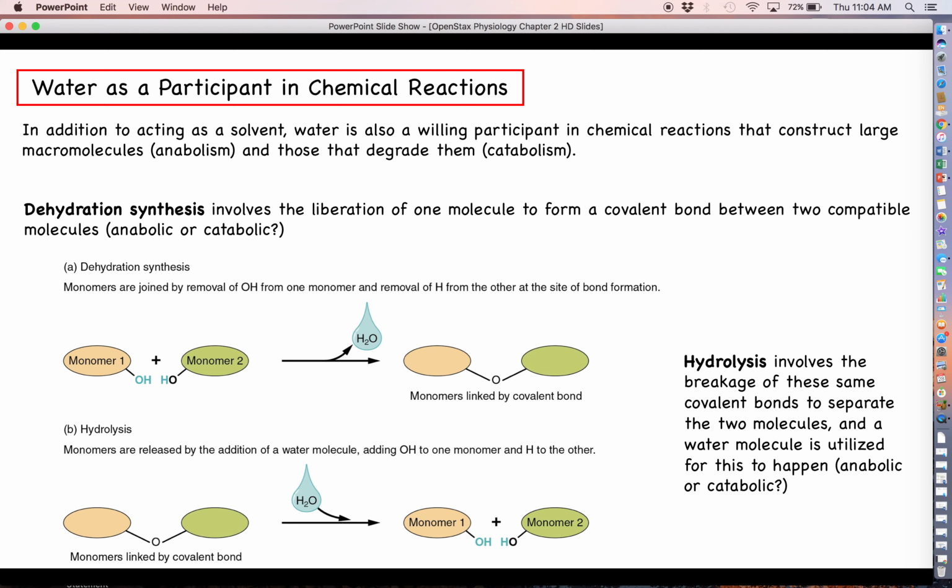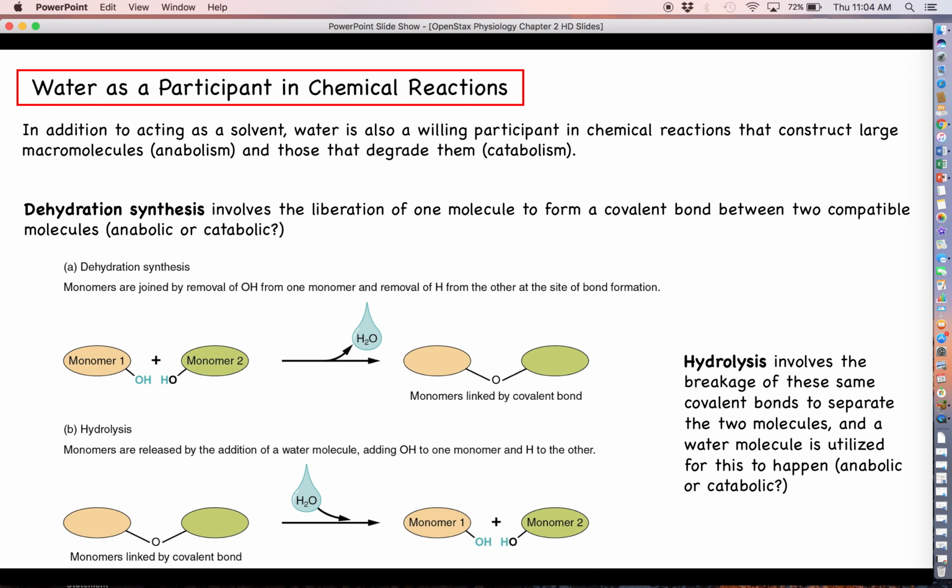So we use the water molecule to break the chemical bond, and now you can see the remnants of the water molecule contained within monomer 1 and monomer 2. So in this case, we are starting with a complex molecule, breaking a chemical bond to create simpler, smaller molecules. Would that be anabolic or would that be catabolic?